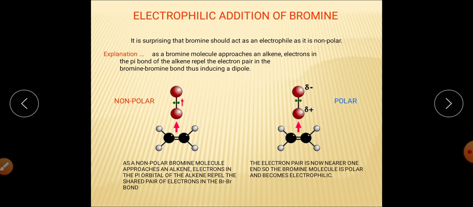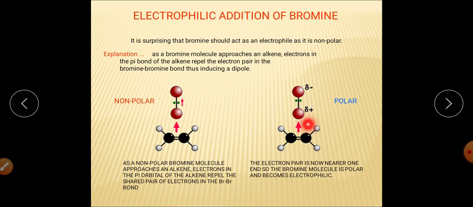With bromine, there is no electronegativity difference between the two bonded atoms. But when bromine comes in contact with the alkene, polarization happens in bromine, and there is a charge separation in which one bromine carries the negative charge and the other bromine carries the positive charge.